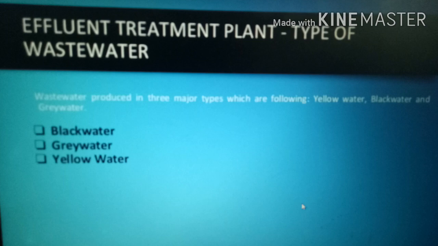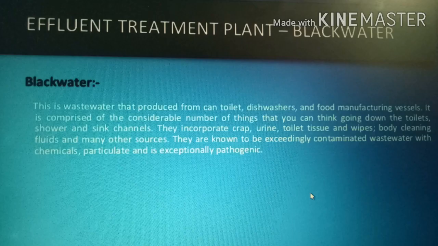The wastewater is produced in three major types, which are the following: yellow water, black water and grey water. First, black water. This is the wastewater produced from toilets, dishwashers and food manufacturing vessels.